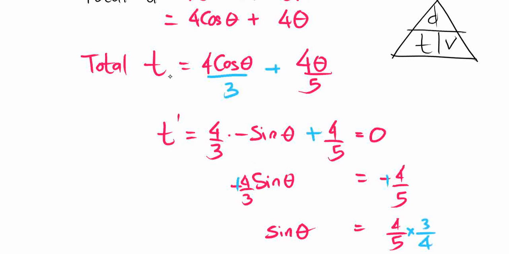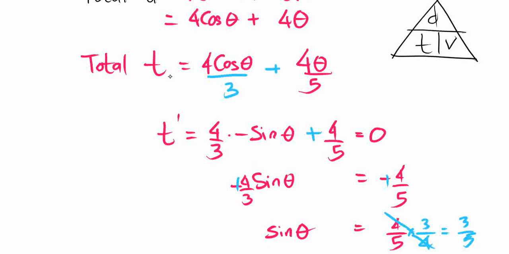When we divide a fraction, we swap the top and bottom and change the division into multiplication. Now we have 4 and 4 cancel, so we have 3 over 5. Now sine theta equals 3 over 5.